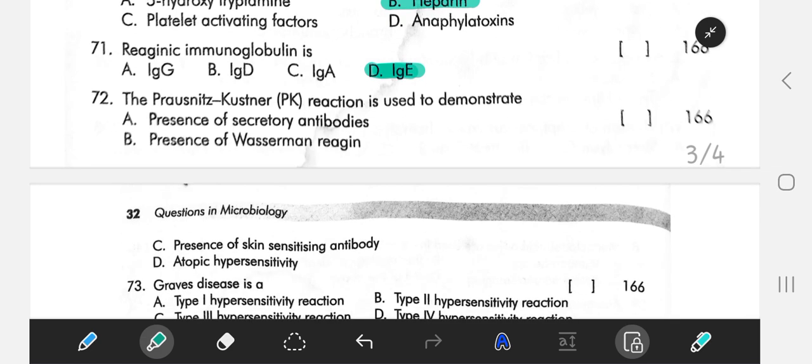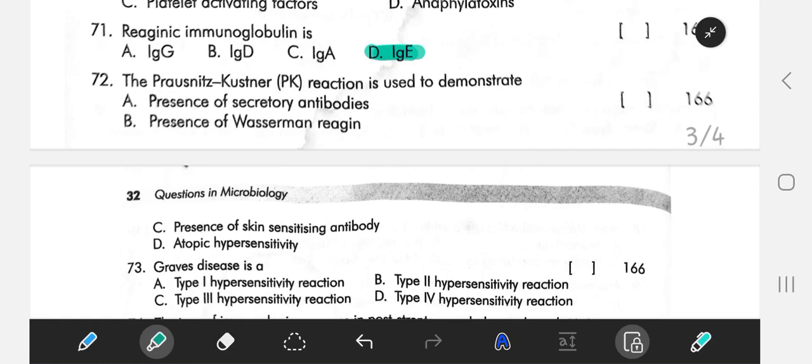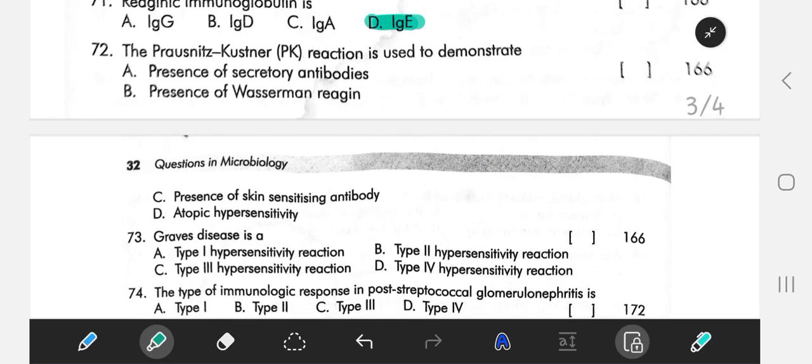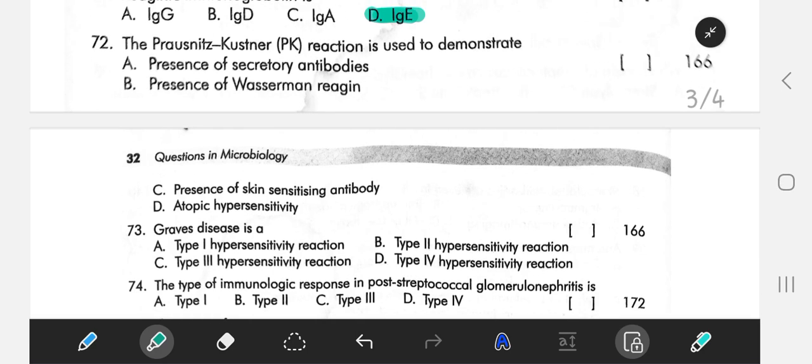Question number 72. The Prausnitz-Küstner or PK reaction is used to demonstrate option A, presence of secretory antibodies, B, presence of Wassermann reagin, C, presence of skin sensitizing antibody, D, atopic hypersensitivity.